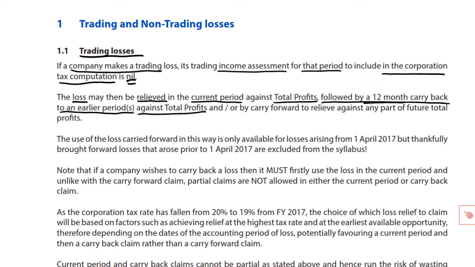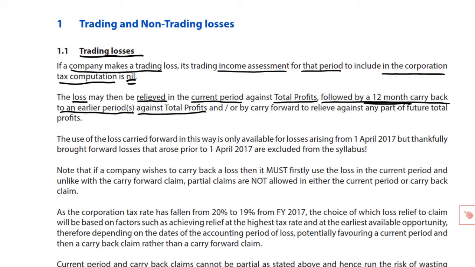So it is very precise, a 12-month carry back, usually to the preceding chargeable accounting period, it being of 12 months. But if it was of less than 12 months, then all of that period would be relieved, followed then by the balance of the 12-month period for which you could carry the loss back.